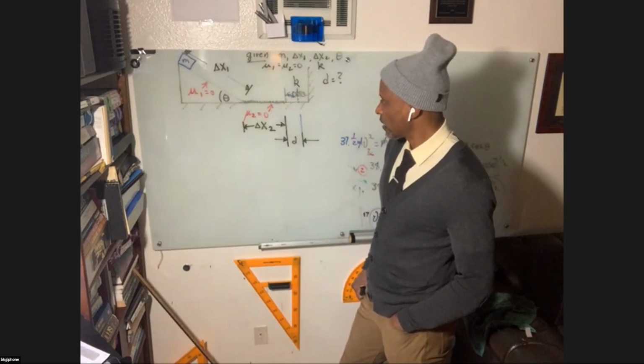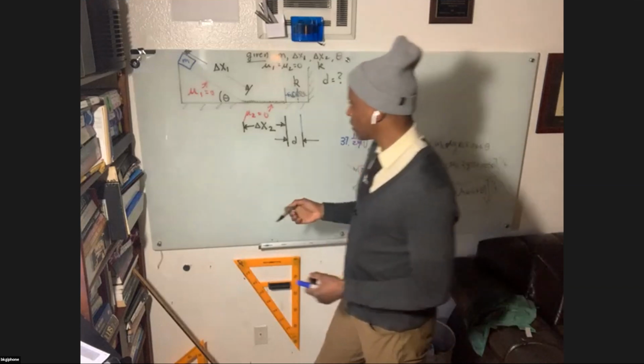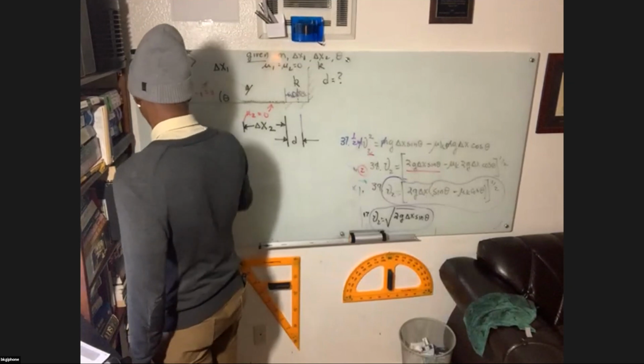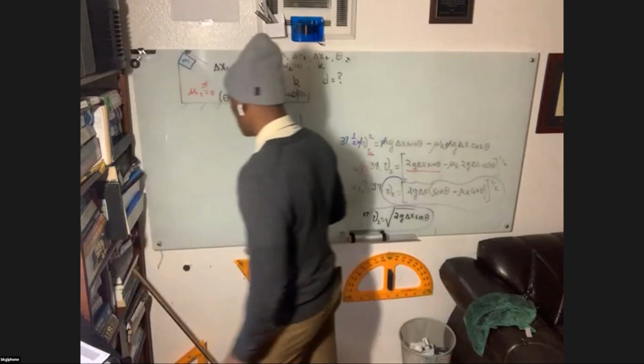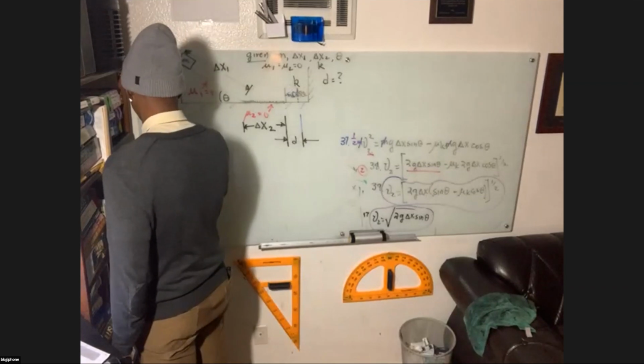But the nice thing about this is that we really only need to look at certain points. And so the question is, if M starts from rest on the ramp and slips down and hits the spring, how much does it compress the spring? Something like that.